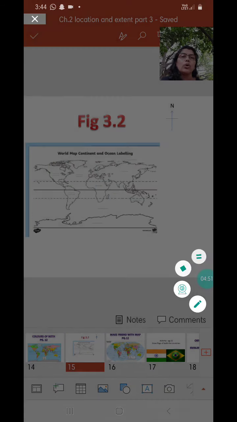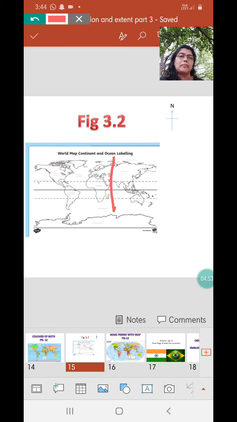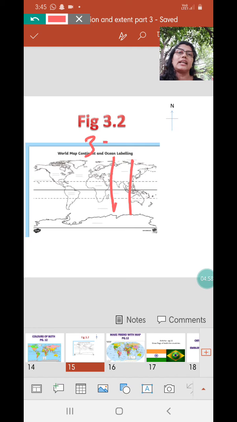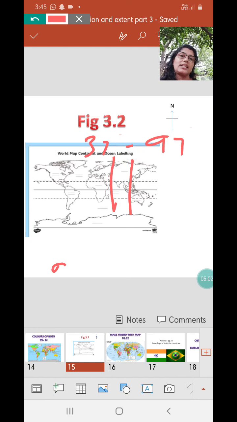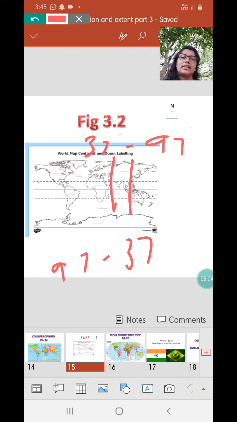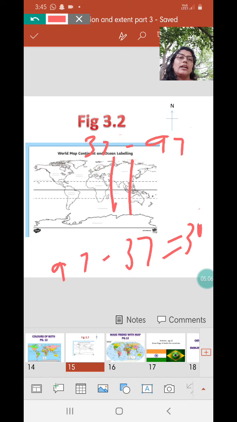What about the longitudinal extent then? The longitudinal extent for India is from 37 degrees east up to 97 degrees east. So 97 minus 37 makes a total of 60 degrees of longitude in between. What about Brazil then?